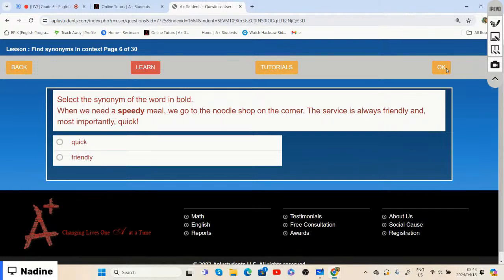What is another word for speedy? Is it quick or friendly?